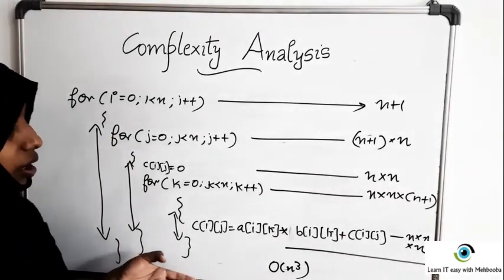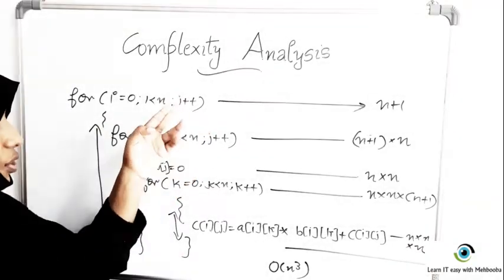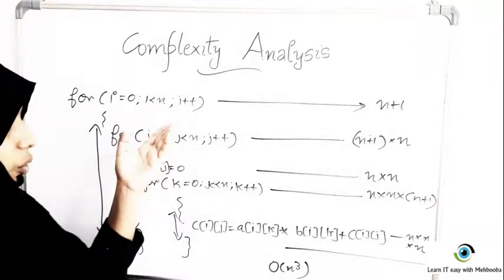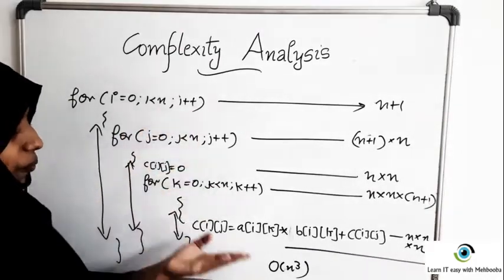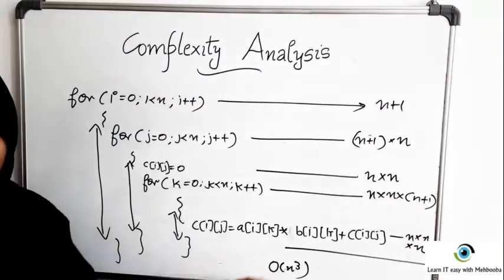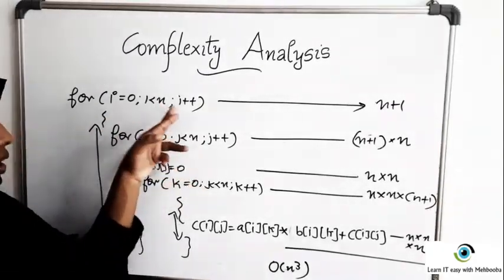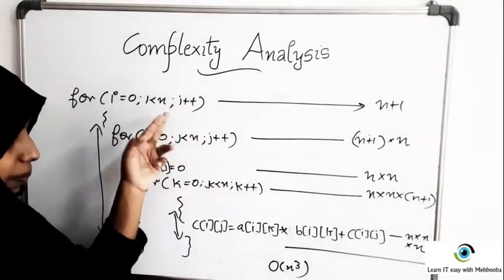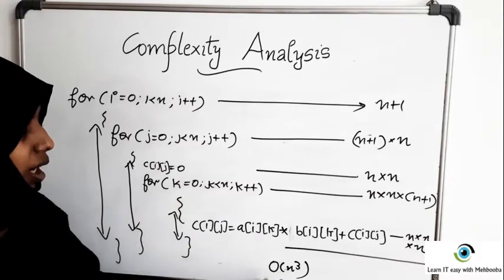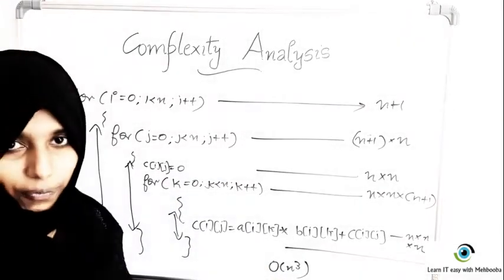See again, you might have understood that if there is a single for loop which is incrementing linearly, that is incrementing by 1, the final complexity that you got is order of n. That is the first example. And if there were two for loops which are linearly incrementing, that is, the looping variable is simply incrementing by 1, the complexity that you got is order of n square.